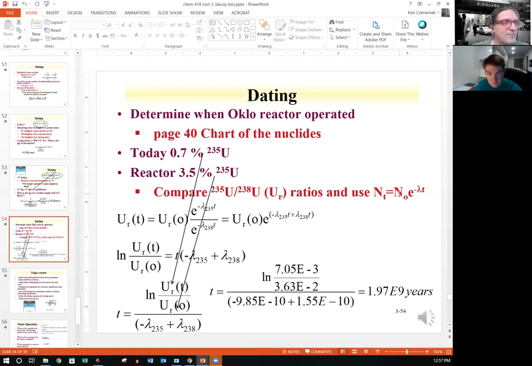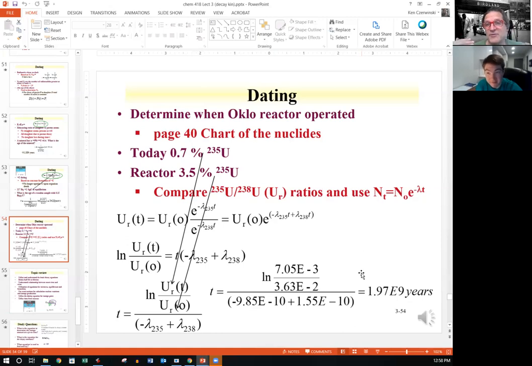Initially, it's 3.5%. Solve for t. But what I'm doing is a ratio, because I'm looking at this ratio and I need to put in the ratio of the decay constants. So it's just a way of using this equation to explore some different concepts. And you get that about 2 billion years ago, that Oklo reactor was operating, and sure enough.